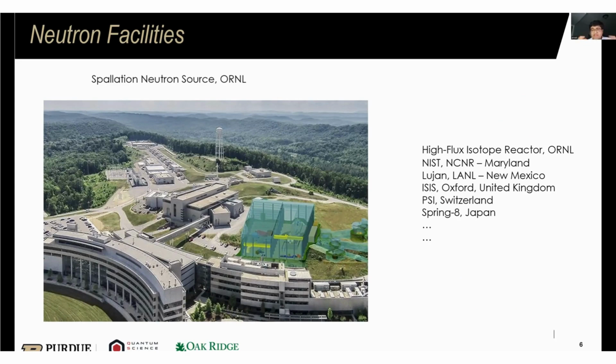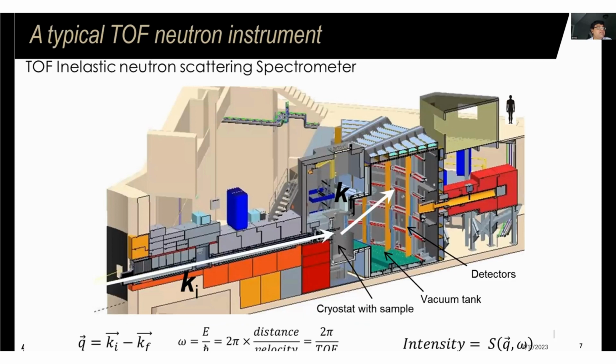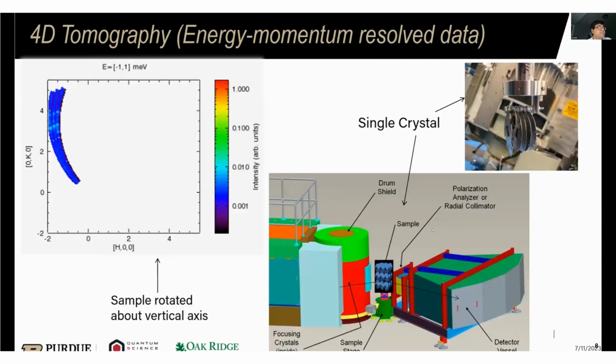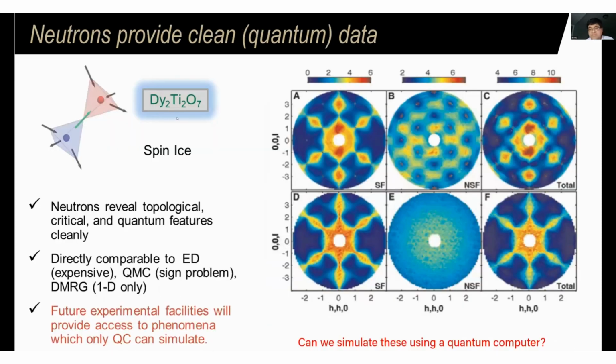And the kind of results that we get look brilliant. For example, there is a spin-ice compound, dysprosium titanate, where we essentially see excellent patterns of something called pinch points, which come from the topological all-in, all-out configuration of the spins. And then the question is, can we actually simulate results like this using a quantum computer?